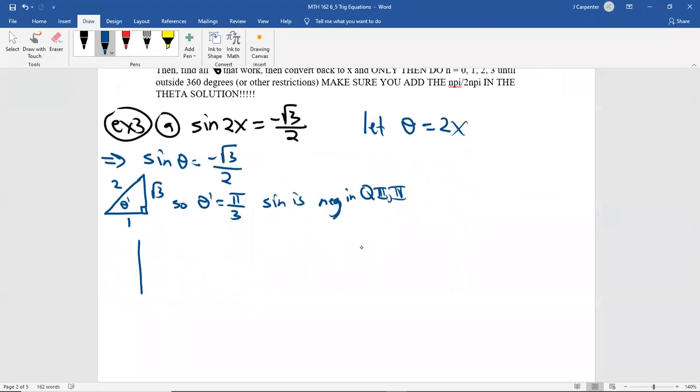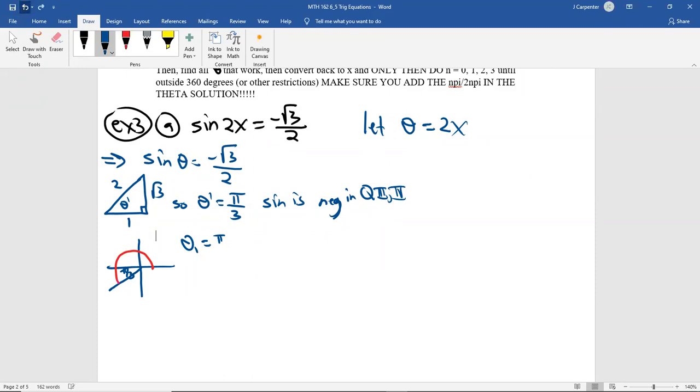If we draw up a reference angle in quadrant 3, it would look something like that. Here is our pi over 3, and then our actual angle would be going from 0 to there, which would be pi plus pi over 3. So the first solution would be the pi over 3 plus pi.